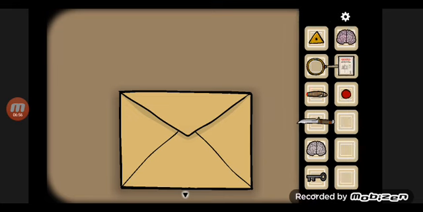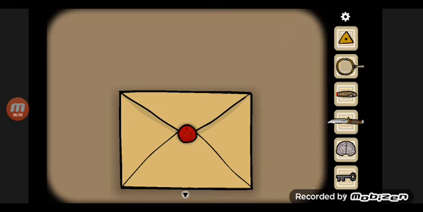Now let's use the seal on the envelope and melt it with a burning cigar and take the letter.